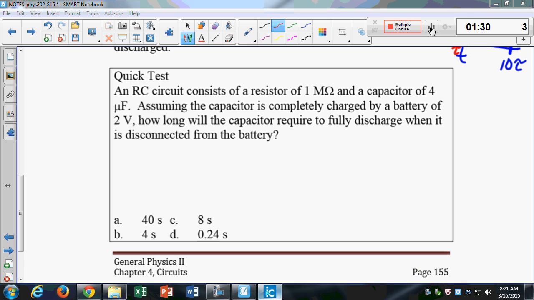Don't try to make this more complicated than it is. Here we just want to know the total time required to discharge. So in the course of that, we'll need to find the time constant and then do what with the time constant? Oh, M is mega, is 10 to the 6. The time required to discharge is what, in regards to the time constant? 10 times the time constant.